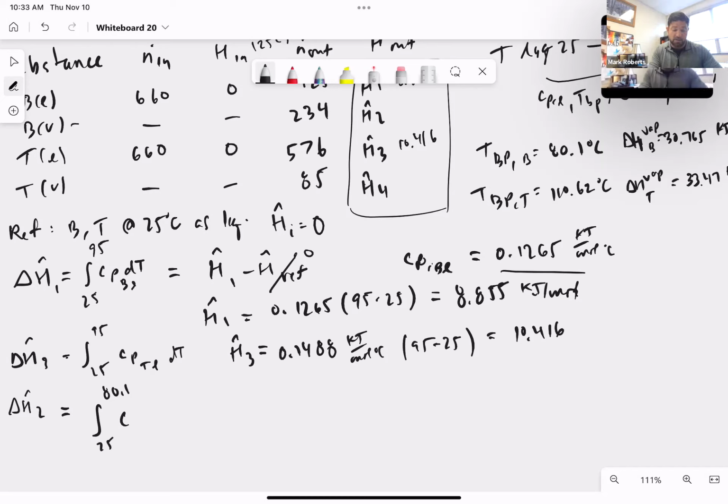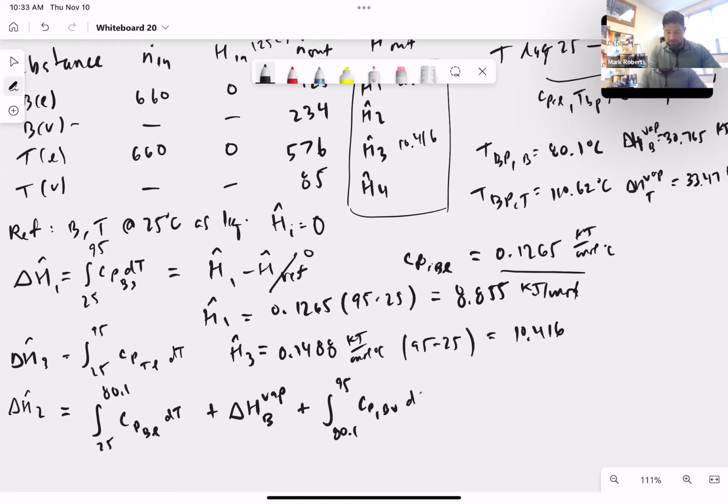So this is going to be the integral from 25 to 80.1 of Cp benzene as a liquid dT. And then I'm going to have to vaporize the benzene, so that's going to be plus the heat of vaporization for benzene, and this is at 80 degrees C. Plus I need to do the integral from the boiling point up to the final exit temperature of Cp benzene as a vapor dT.